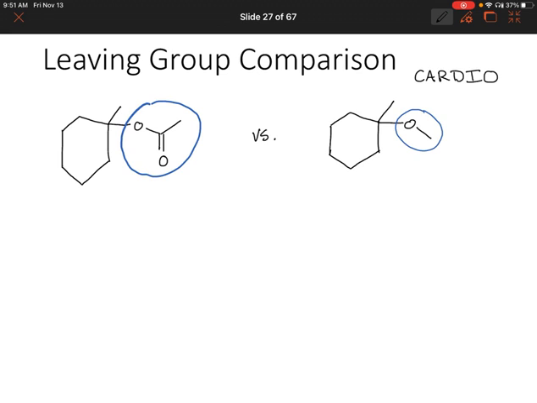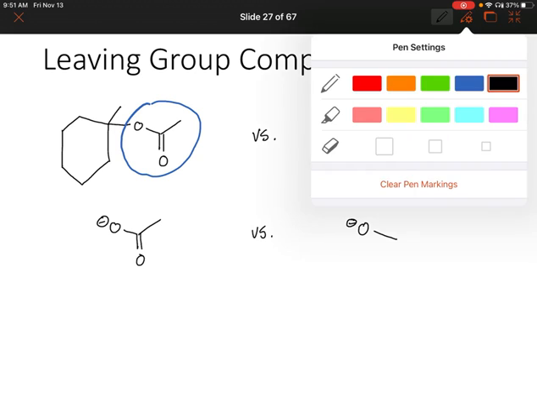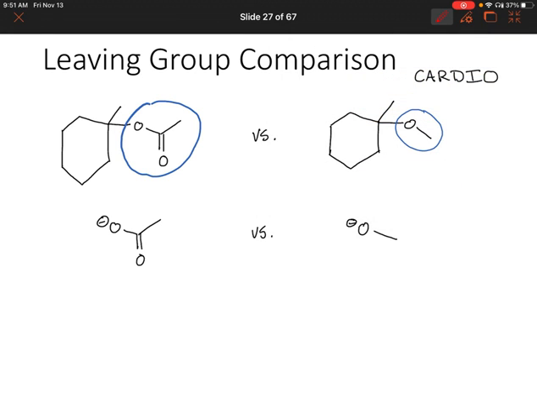All right, so we'll do what we did last time. We'll just show what the leaving group looks like once it actually leaves. So in the example on the left, we would end up with a negatively charged oxygen. And on the right, we have a similar negatively charged oxygen. So if we step through CARDIO to compare these two leaving groups, the charge is the same on both.